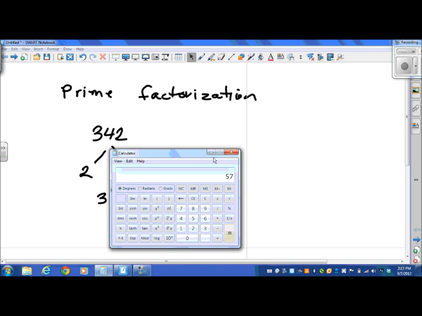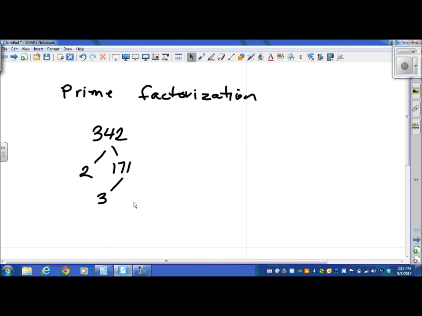So I go back to my tree and put in 57. So 3 times 57 will give me 171, and 171 times 2 will give me 342.